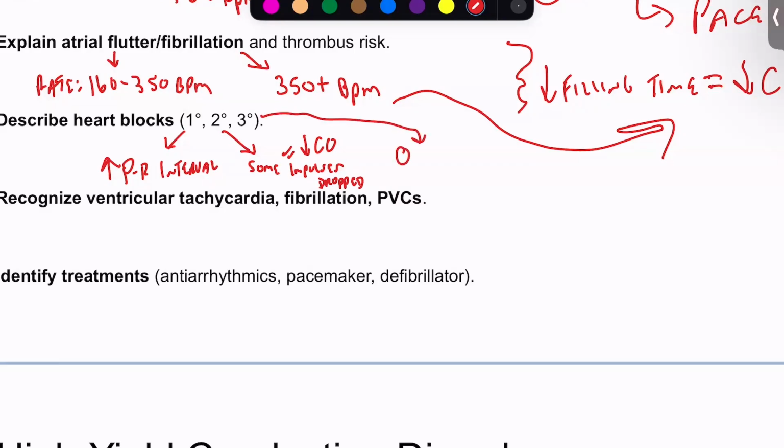We have no impulses between the atria and the ventricles. They're beating completely independently. Because of that, we have a strong decrease in our cardiac output, and typically that's going to lead to syncope. They're going to pass out, and then they can usually have a pacemaker put in to control for that.